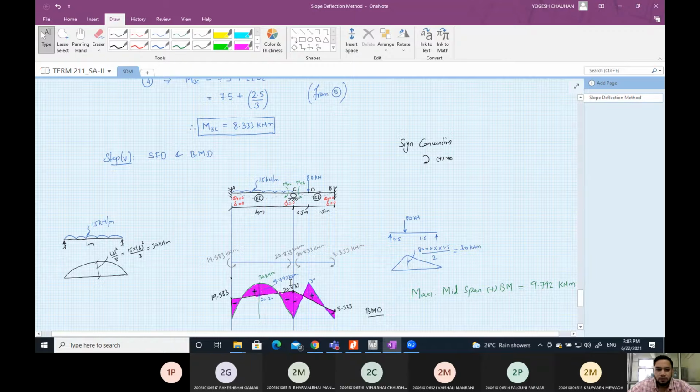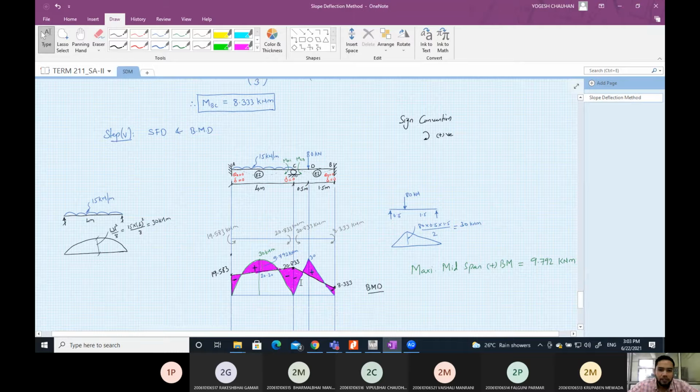Now sometimes you may have to find the maximum positive moment. This may not be the maximum value. We can simply write this is the midspan positive moment, and the maximum positive bending moment you have to find.